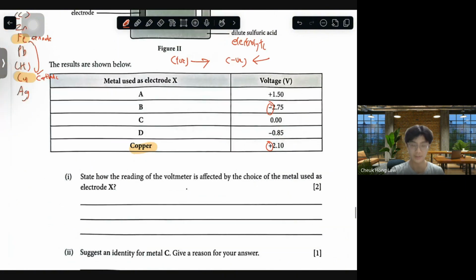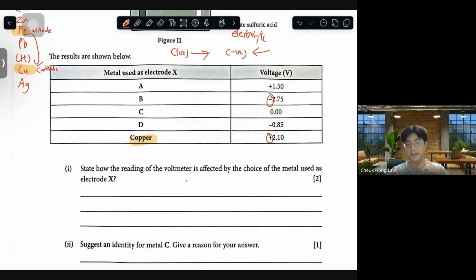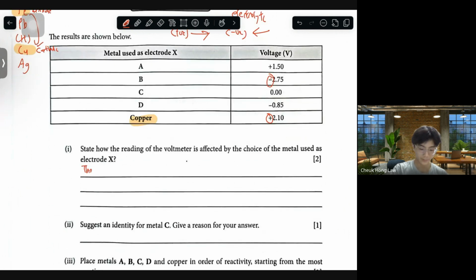So for how the reading is affected, there are two things. We have to talk about the sign, the positive and negative sign, and the magnitude of the voltage. We start with the magnitude. What happens when there's a greater difference in reactivity between your metal X and iron? The greater the voltage produced.